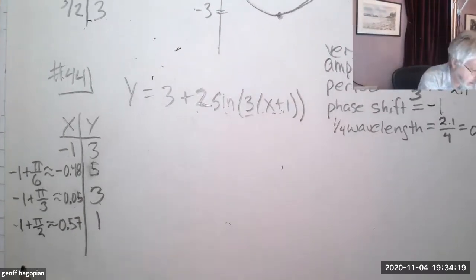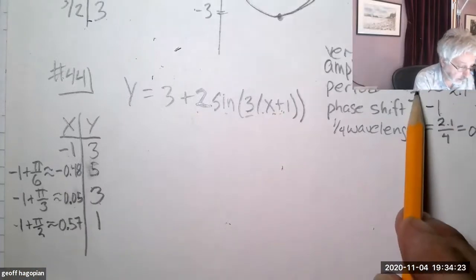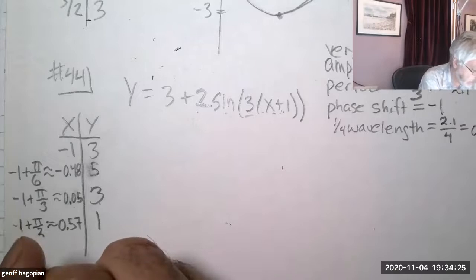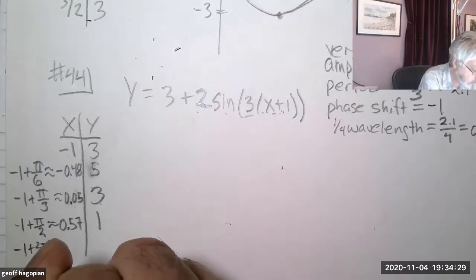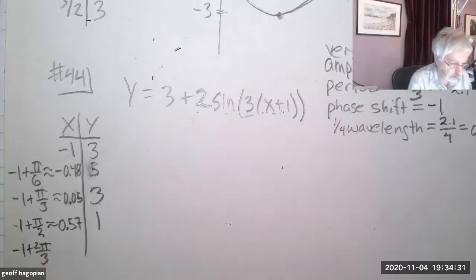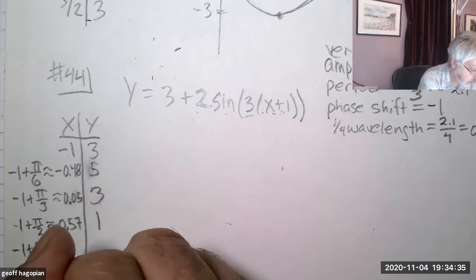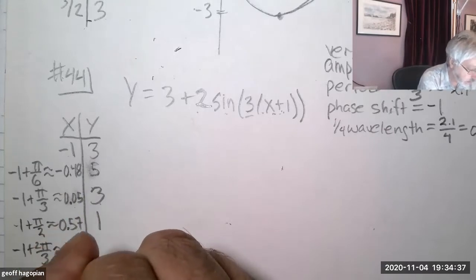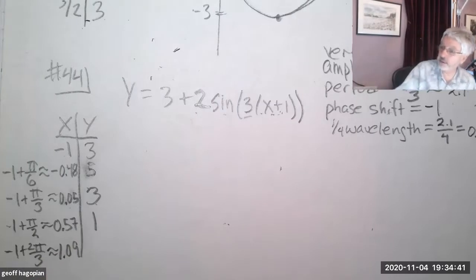And then if we add an entire wavelength of 2 pi over 3 to -1, that's going to be another 0.52. So I'm going to say that's 1.09 approximately. Should we check that maybe? Because you get a little rounding error, right?